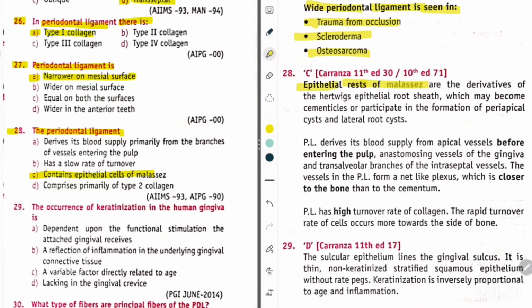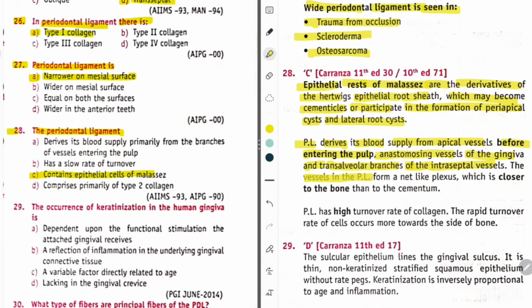Epithelial rests of Malassez are the derivatives of Hertwig's epithelial root sheath, which may become cementicles or participate in the formation of periapical cyst and lateral root cyst. Periodontal ligament derives its blood supply from the apical vessels before entering the pulp, anastomosing vessels of the gingiva, and transalveolar branches of intraseptal vessels.